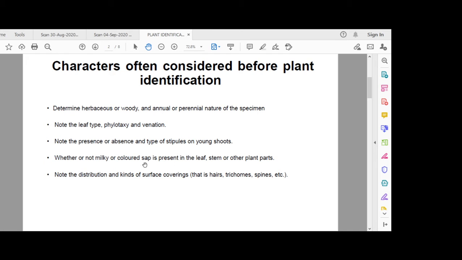The presence or absence of sap, and whether it is milky or colored, is an important feature. Note the distribution and kind of surface coverings, that is hairs, trichomes, spines on leaf or on stem, whether they are present or not.